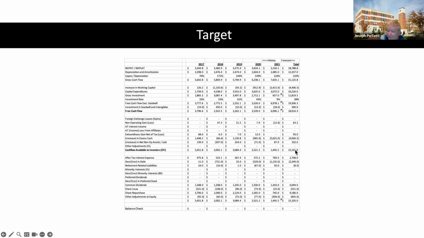What did they do with their $15 billion? 2.7 billion in interest. They issued $2 billion worth of debt, but they paid to shareholders $15 billion: 6.7 billion in dividends, 9 billion in share repurchase. So they took their CFI and they paid it out.